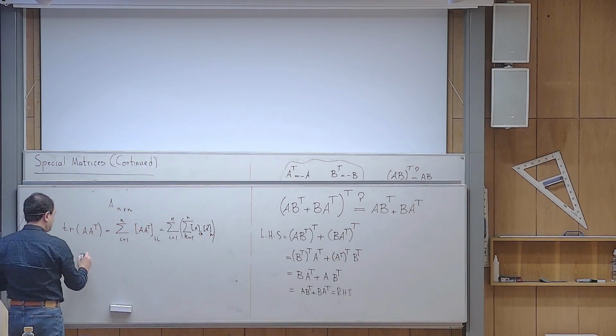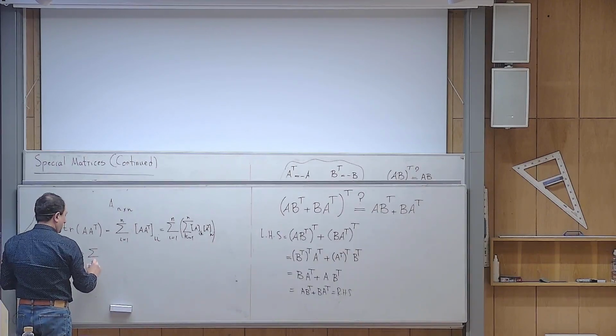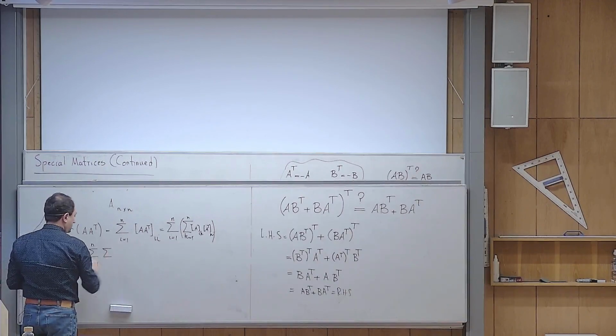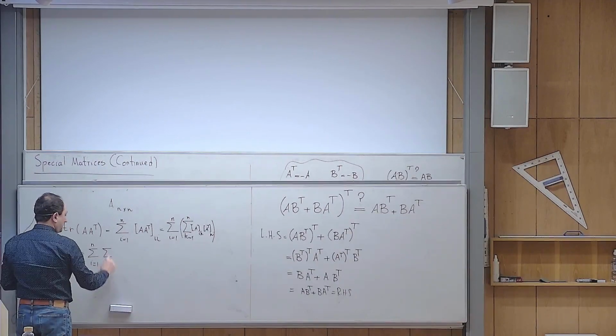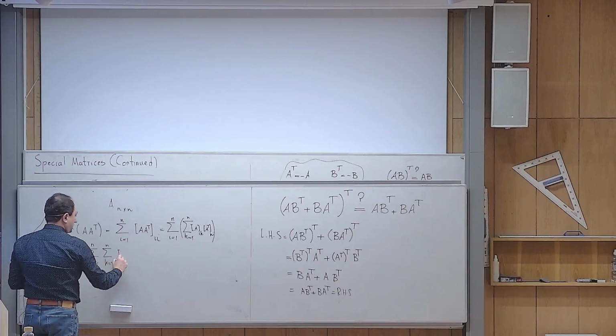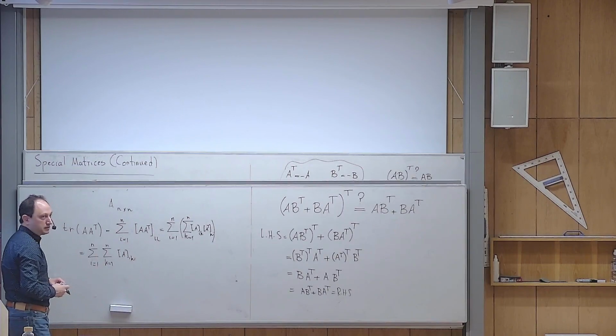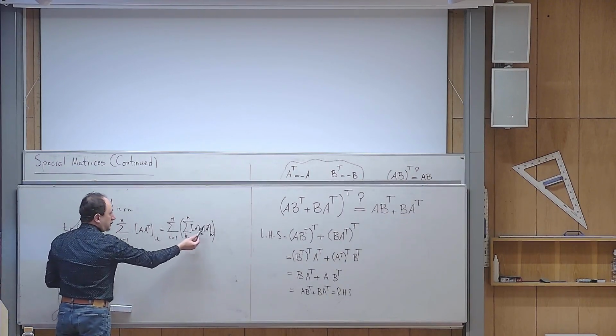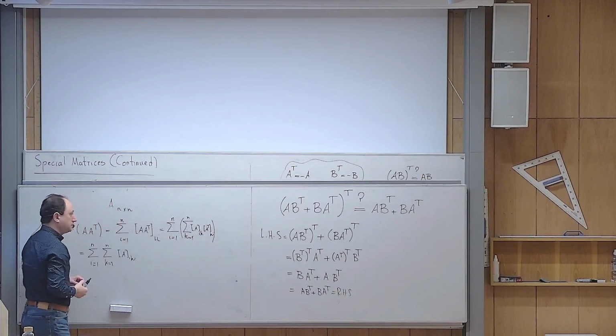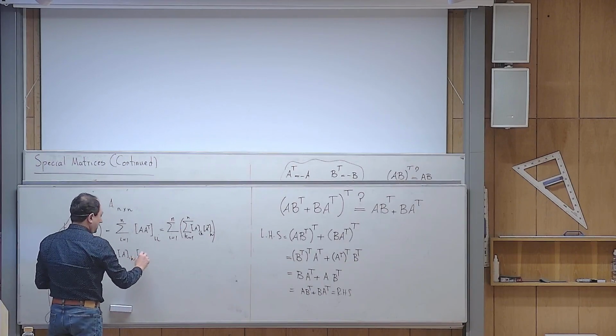Let me continue. So i goes from 1 to n, and then I don't need a pair of brackets. Then k goes from 1 to n. For the first one, I just write a_ik, but what can I write for the second one? I have a transpose here. I can eliminate the transpose, but the price that I pay is that I have to switch i and k. Yes.